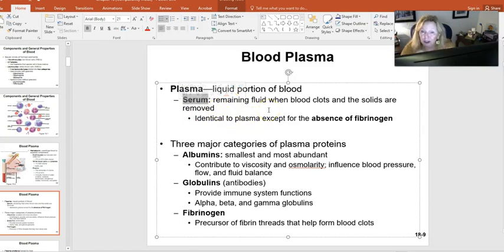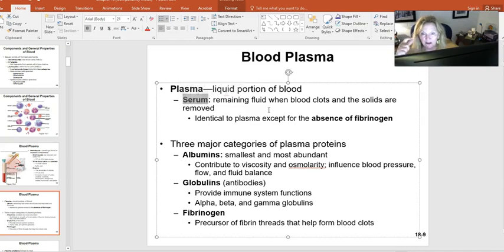So you would need to make sure that you're putting it in a tube where the blood clots. If the blood's allowed to clot, the clot is going to pull all of the blood clotting factors into the clot. And now what's left when you spin it down is actually serum. When you've had your blood drawn, the different color top tubes have different preservatives in them.